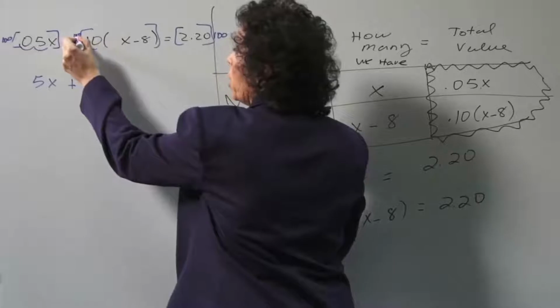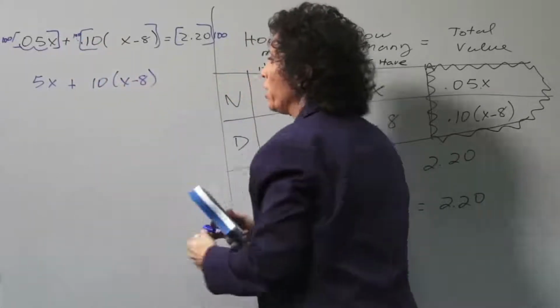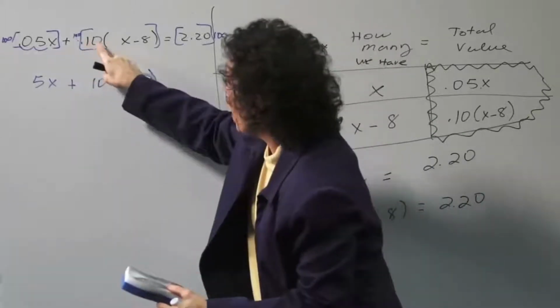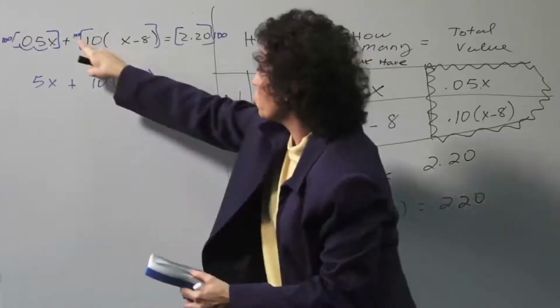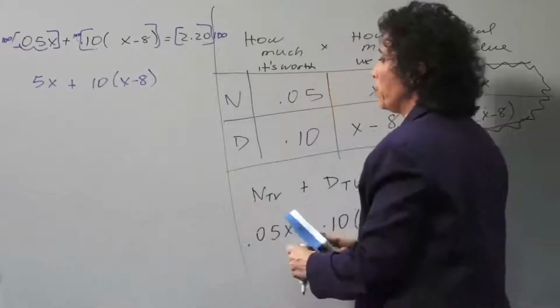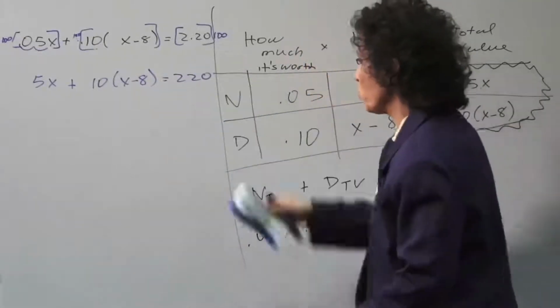If I multiply 100 times 0.10, I get 10, times the quantity x minus 8. Notice the 100 doesn't go to both of these because I'm not distributing the 100. There's not a plus in here or a minus. It's just 3 factors, any 2 first, your answer by your third. Equals 220 because I moved the decimal over 2 places there.